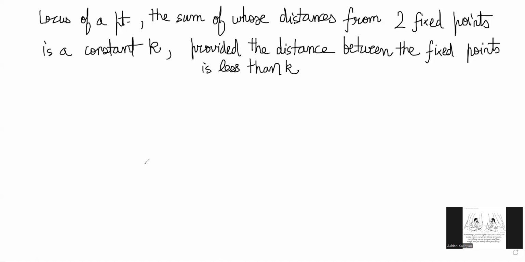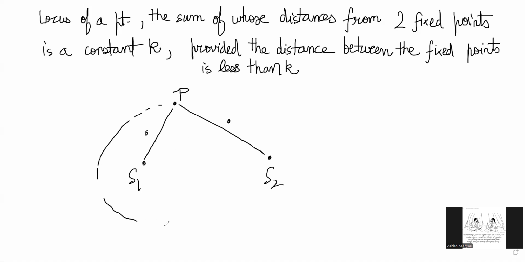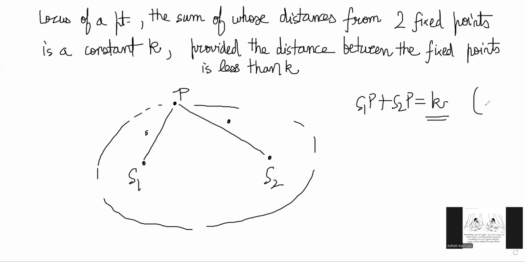So think about it. If you have two fixed points, these are the foci, right? The ellipse locus is such that P is a point where the sum of the distances is a constant k. This plus this, if it is always constant, then P will describe an ellipse, right? Now you have to ensure that S1P plus S2P is equal to k, and k is supposed to be 2a.